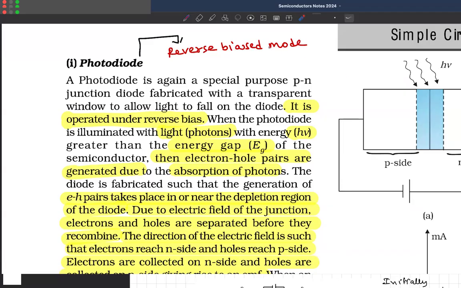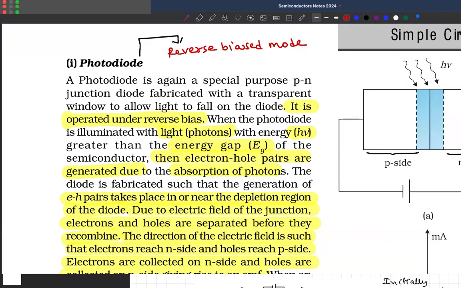Now you know clearly, you will have conduction band, you will have valency band like this. Because of that, the light is absorbed by some electrons in the valency band.